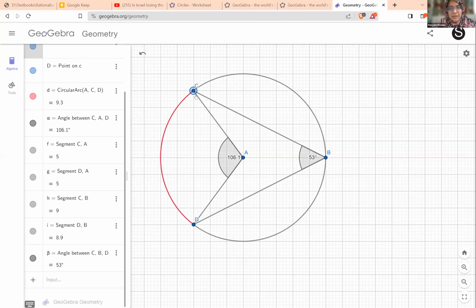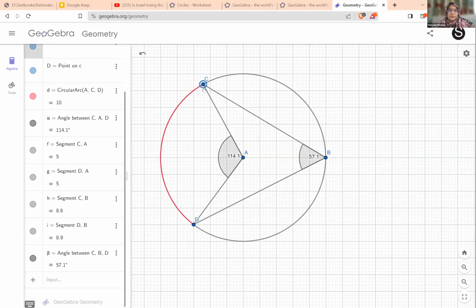But tell me one thing. Both of these angles are changing. See, the angle CAD is also changing. The angle at the center, CAD, that is also changing, and the angle CBD is also changing. Can you see if there is a relationship between these two angles? Let me just show you one particular angle.